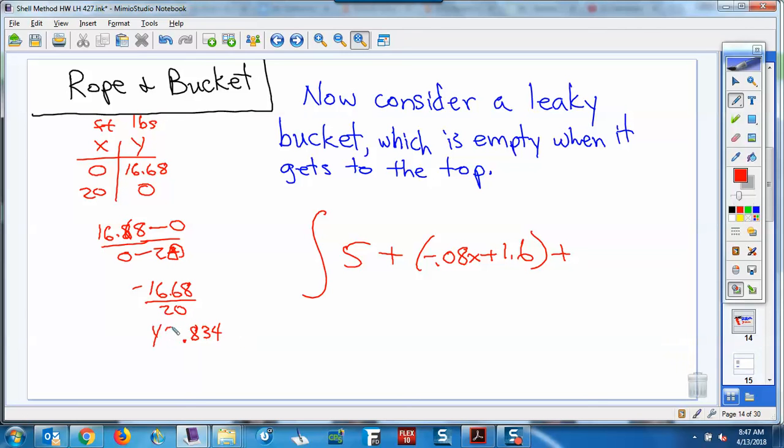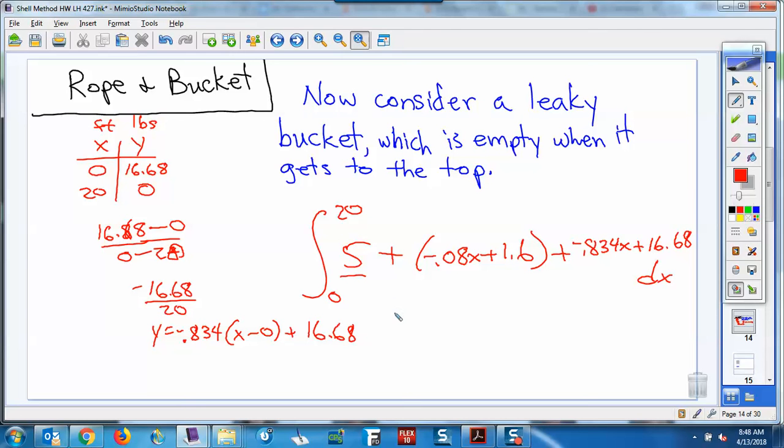So y equals 0.834, and then x minus 0 plus 16.68. Right? So we'd have 0.834x, that's negative. Yep, negative, that slope's negative. Plus 16.68. Okay? dx, and again from 0 to 20.